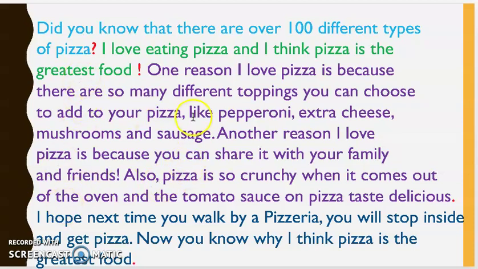I also gave at least 3 reasons in my writing. I started with a good hook to really grab my reader in when I said, did you know that there are over 100 different types of pizza? And then right after that, I stated my opinion. I love eating pizza, and I think pizza is the greatest food.